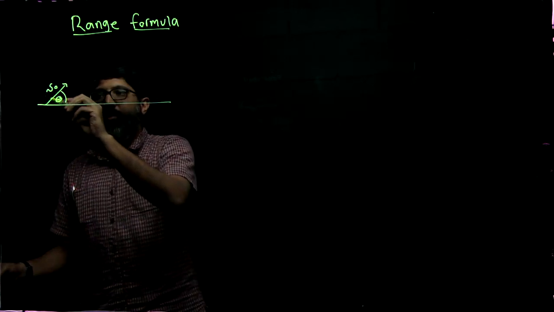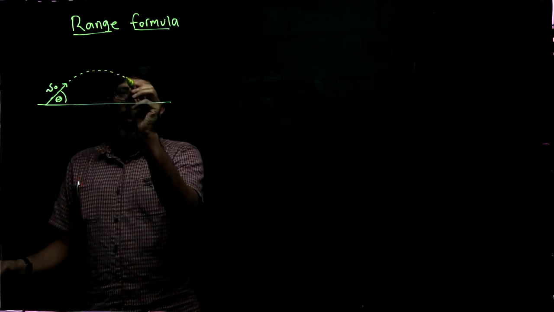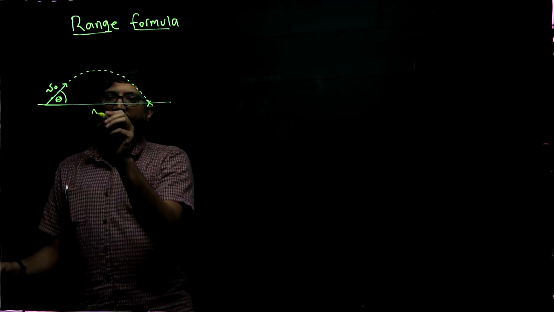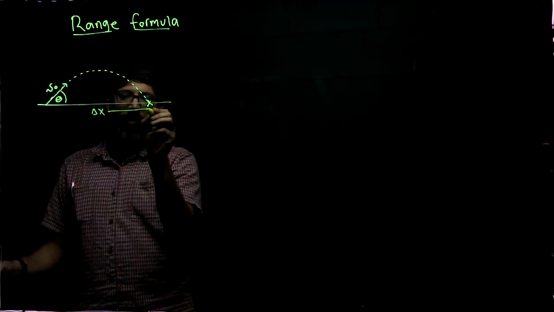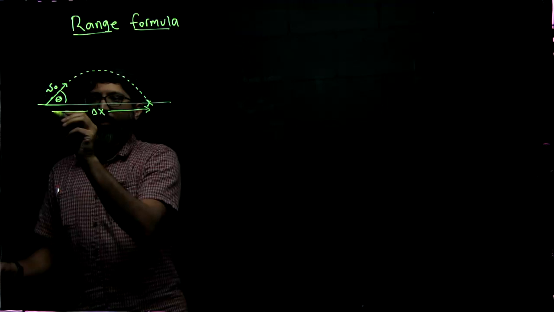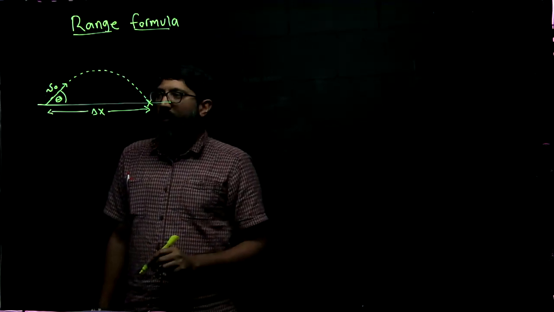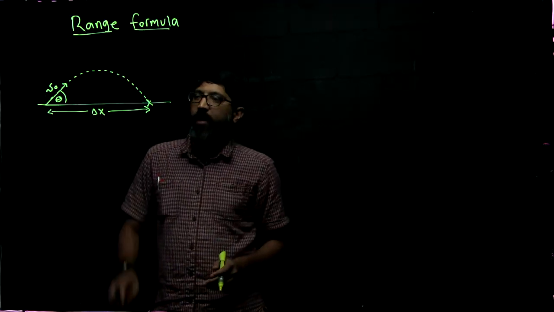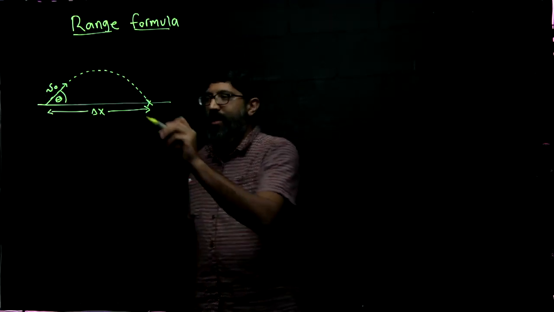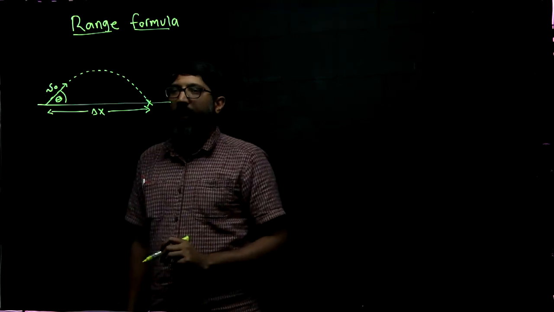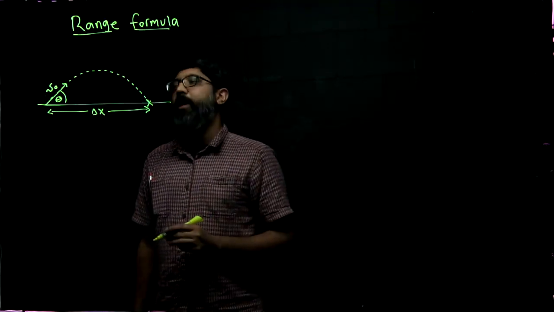This projectile follows a parabolic path and then lands somewhere, and the distance, delta x, that it travels is called the range. We're going to derive how far it goes in terms of v0, theta, and g, which we know.